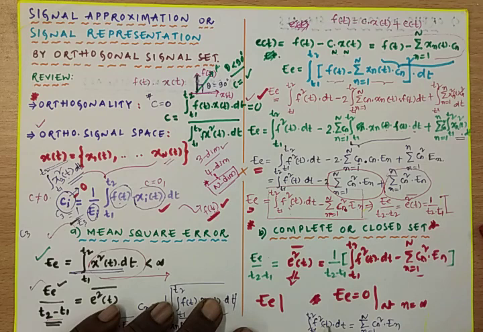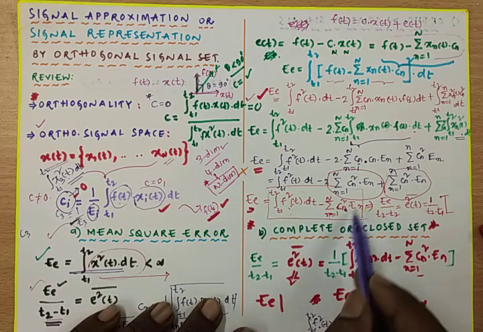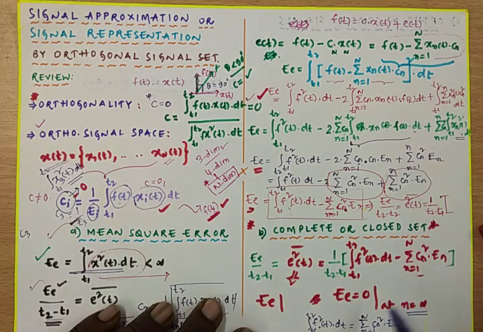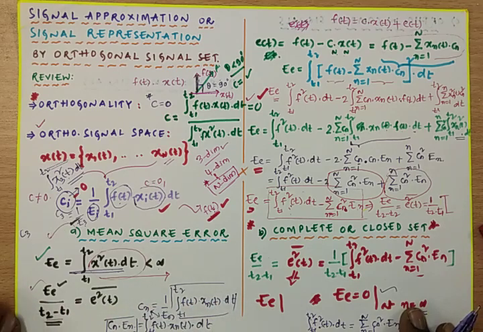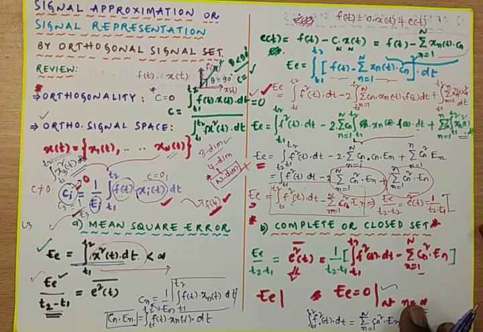If these two are equal at n equal to infinity, then this minus this will be completely 0 only whenever the EE is 0 as n tends to infinity. Under this condition, the orthogonal signal set is called a complete set or closed set. This is the point.